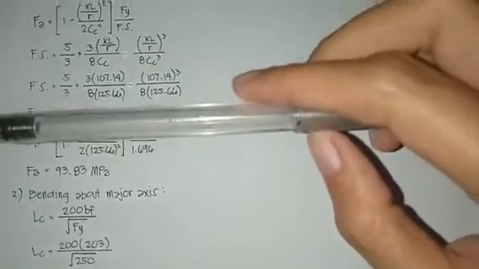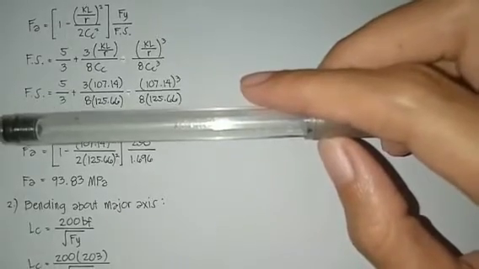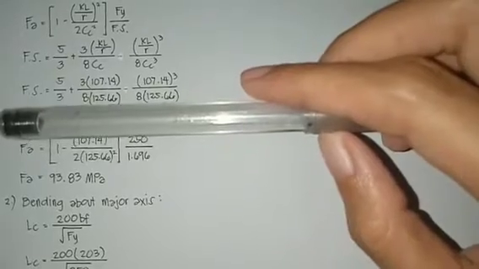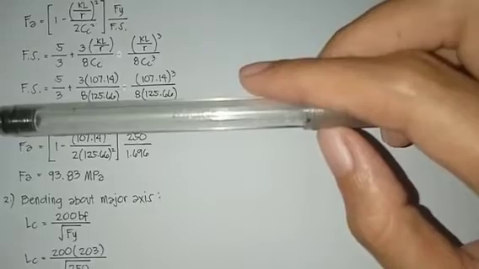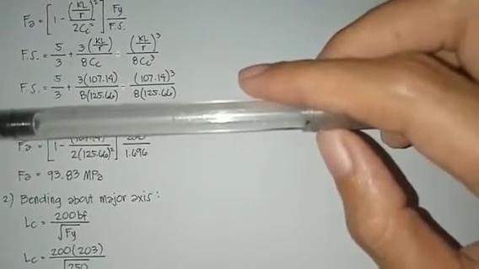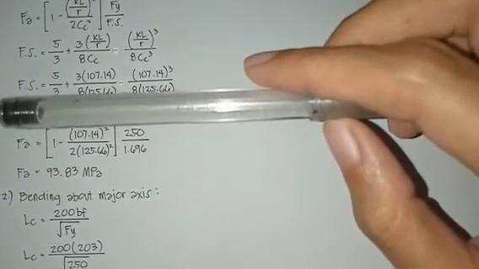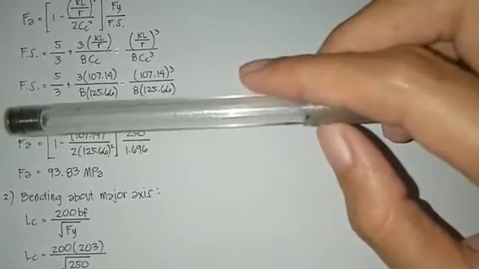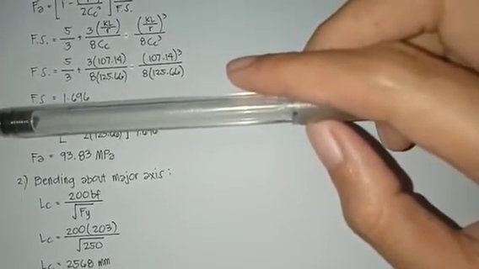So Fs is equal to 5 over 3 plus 3 times 107.14 over 8 times 125.66 minus 107.14 cubed over 8 times 125.66 cubed. So Fs is equal to 1.696.